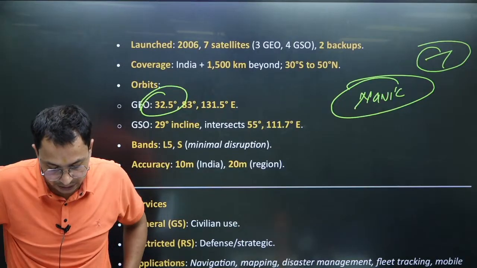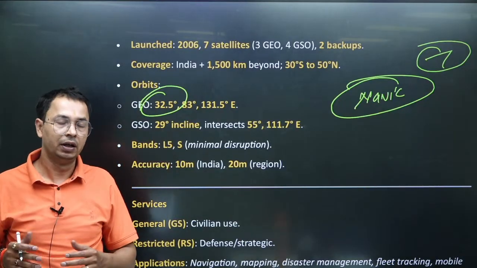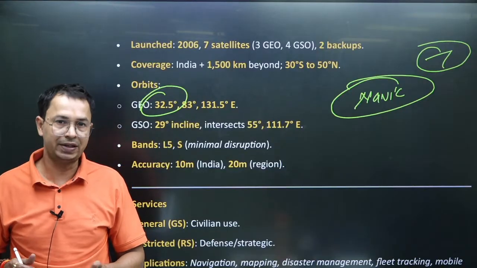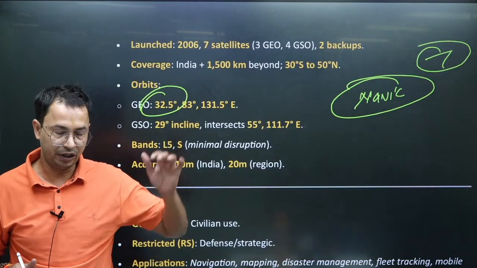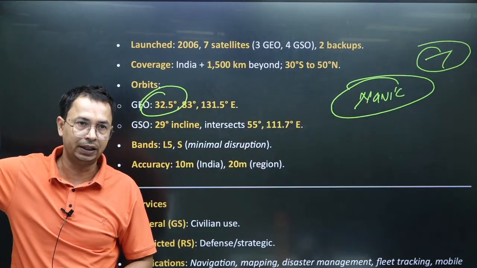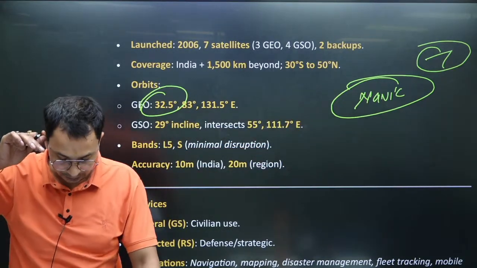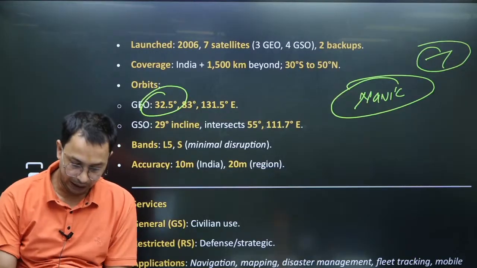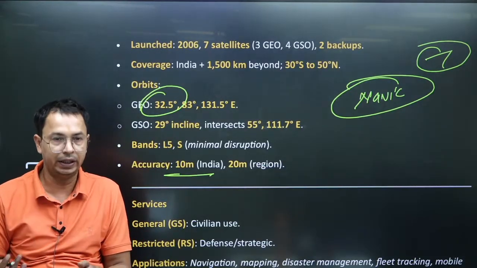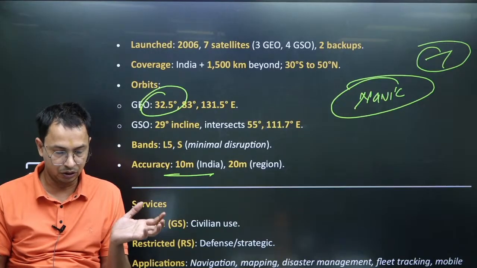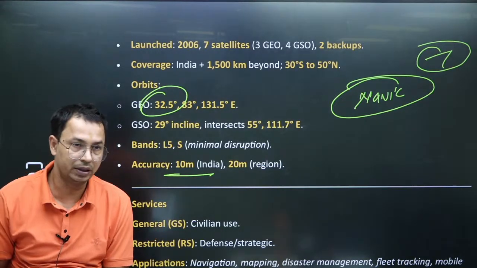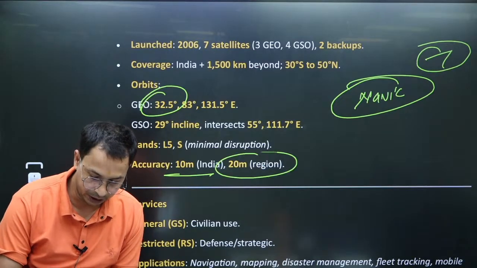With these 7 satellites, we cover the entire Indo-Pacific region. And this NAVIC system covers 1500 kilometers this side of India and 1500 kilometers of that side of India. And the accuracy in India is 10 meters, and outside India in the conjoined regions, we have 20 meters of accuracy.